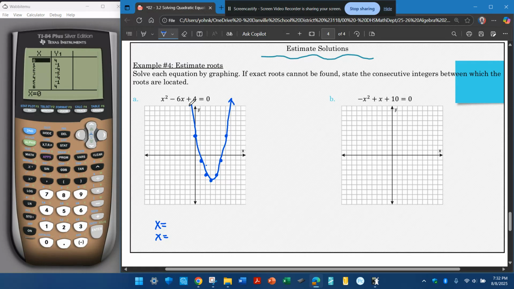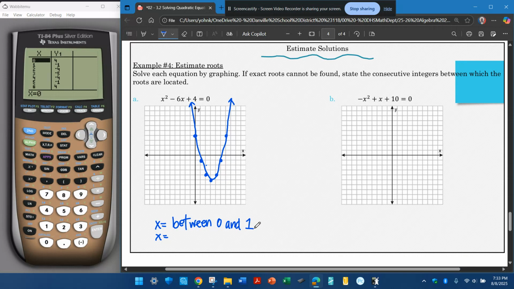And then once you connect the graph or the ordered pairs, then you can say that the first 0 is going to be between, well, it's right here. At 0, it was above. At 1, it was below. So it's kind of deceiving, but somewhere in between 0 and 1, we hit the x-axis.